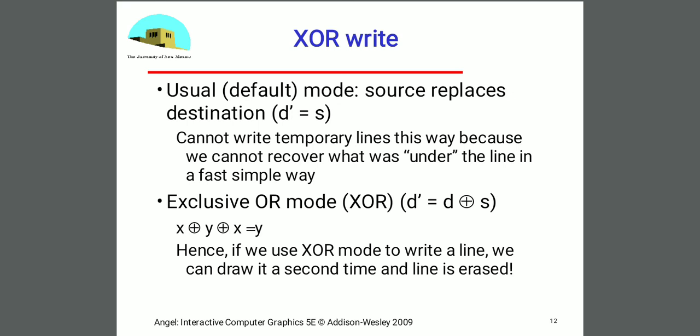That is explained here. In the usual mode, the source replaces the destination, D dash equals S. You see the exclusive or XOR mode, D dash equals D XOR S. So destination and source. I repeat, XOR mode is a type of operation helping for picking operations or interactive programming operations. In a website, suppose you have a file link.